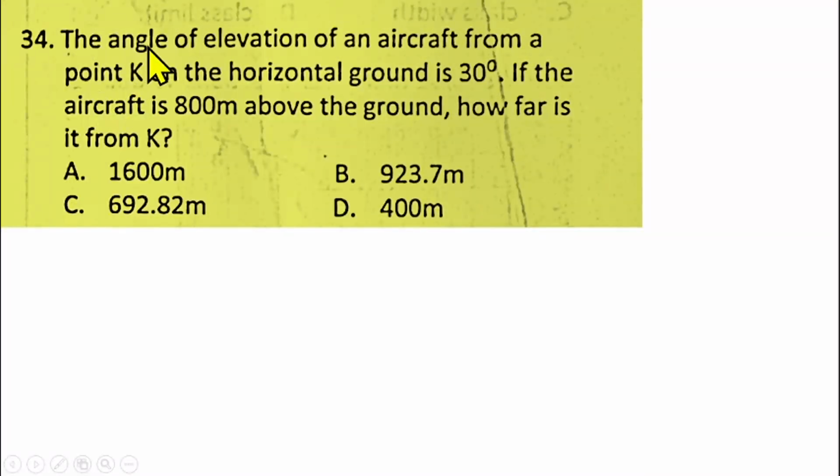Now, question number 34 is from angle of elevation. I also have a video on angle of elevation. If you want to understand it very well, check the video on my channel. It is a comprehensive video that explains everything on the angle of elevation and depression. The question said that the angle of elevation of an aircraft from point K on the horizontal ground is 30 degrees. So there is a point K on the ground and there is an aircraft high above.